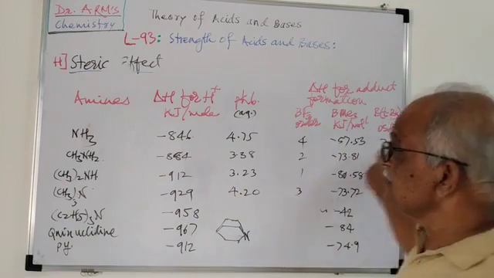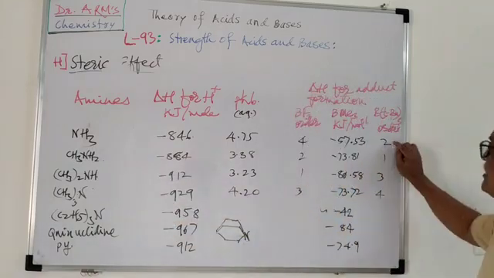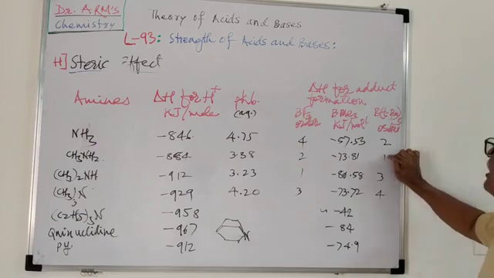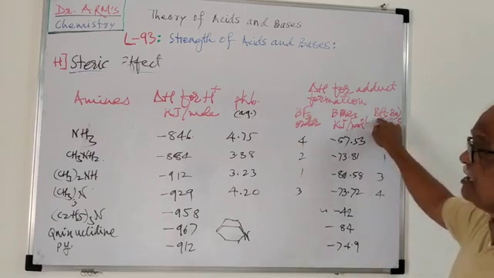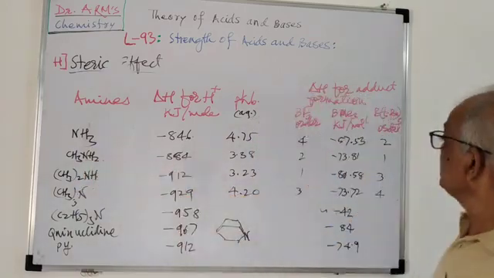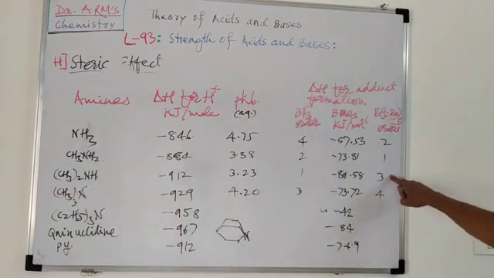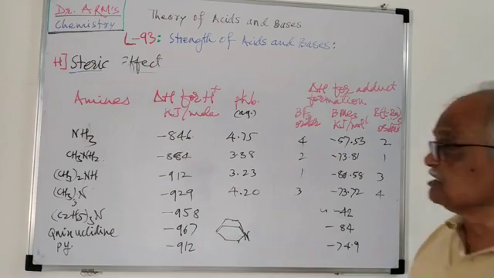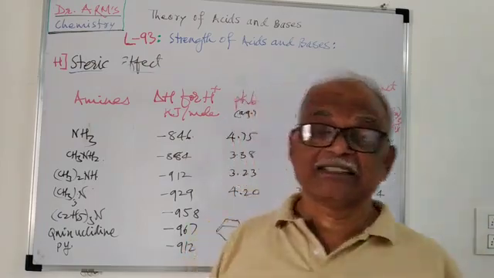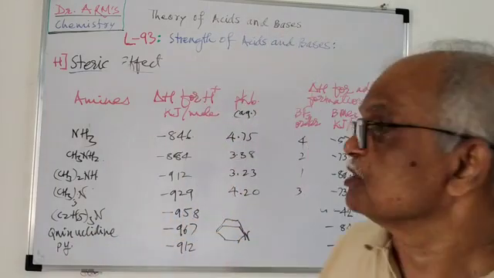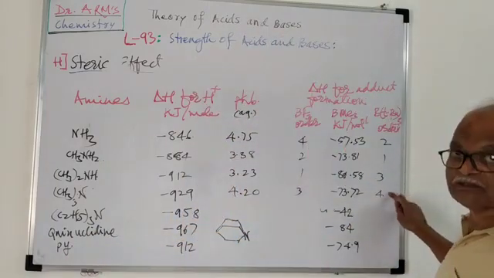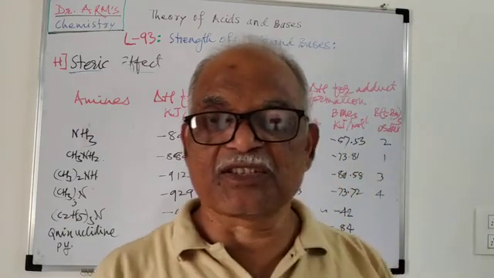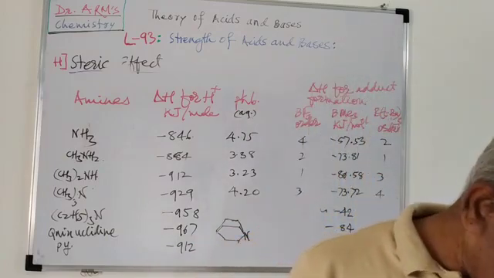In case of NH3, the steric effect is less, and again in case of this, the steric effect is less, because the methyl group is also an electron donor. But as the number of methyl groups increases, crowding takes place, and this shows the steric effect, which decreases the order with tris tertiary butyl boron as acid.